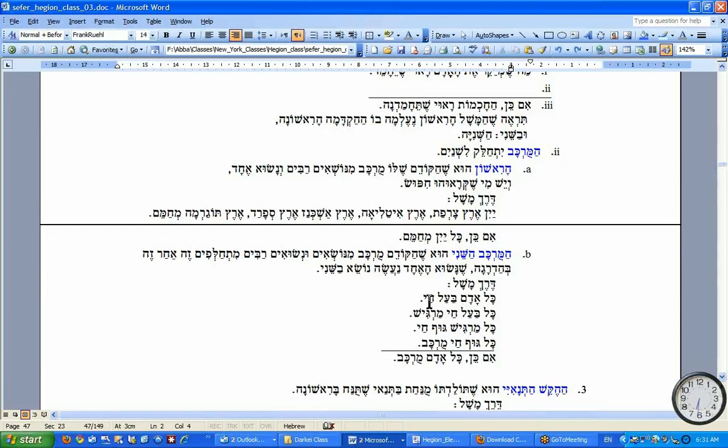Kol Adam Bal Chai. Okay, now we're going to put the Bal Chai in the first position. Bal Chai Margish. Kol Margish Guf Chai. Kol Guf Chai Morkav. Therefore, Kol Adam Morkav. Okay, that's a string of Hekashim.